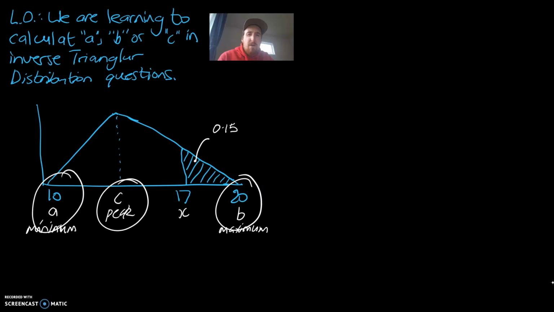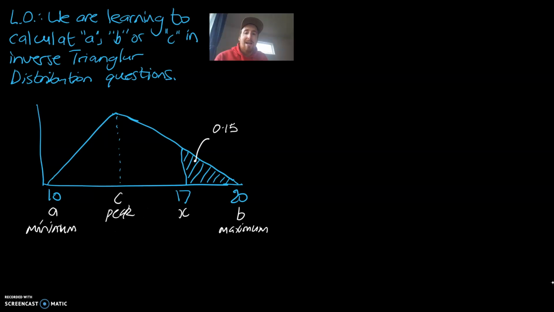This question is going to focus on C, but the same approach would apply if you're calculating A or B, just with the numbers substituted into different areas. Let's start with our formula.